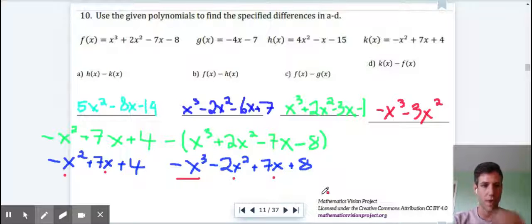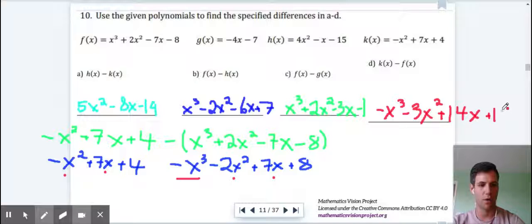So that would turn into a positive 14x, because we had a 7x, and we subtracted f, which had a negative 7x, so we got 14x out of that. And we have 4 plus 8 is easy, and just 12.